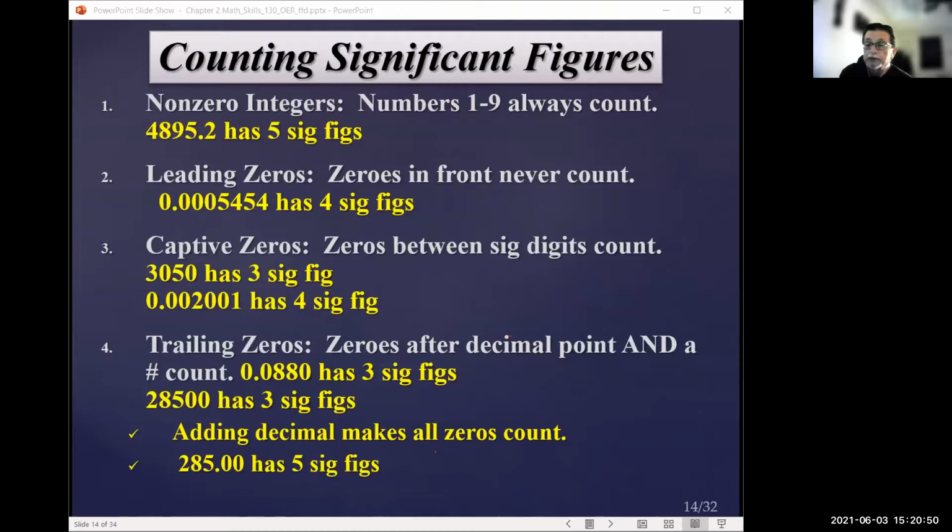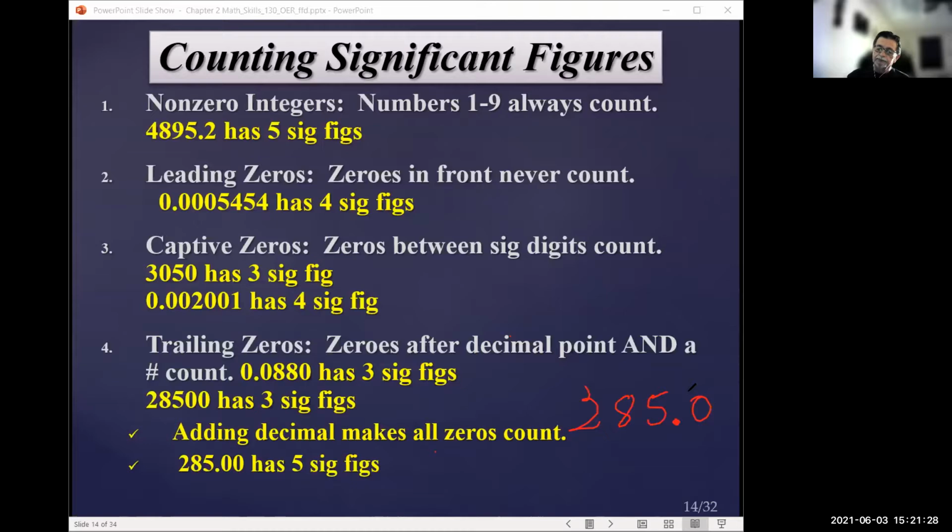Now, the moment I take a number and I insert a decimal, I make the zeros count. For example, if I were to say 285, how many sig figs does 285 have? 3, exactly. The moment I stick a decimal point and I add a 0, guess what?